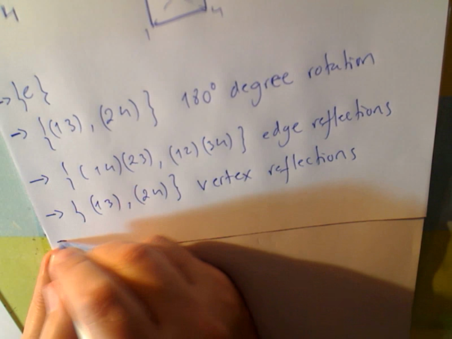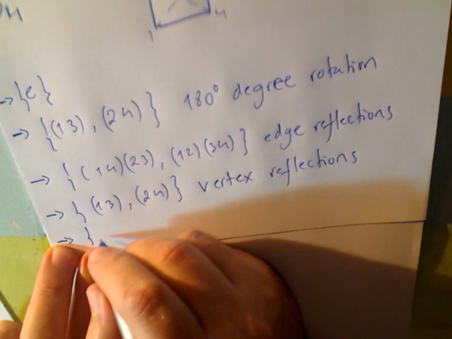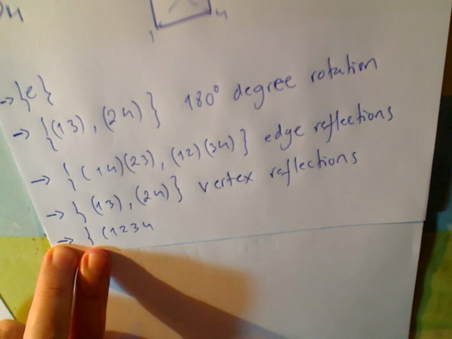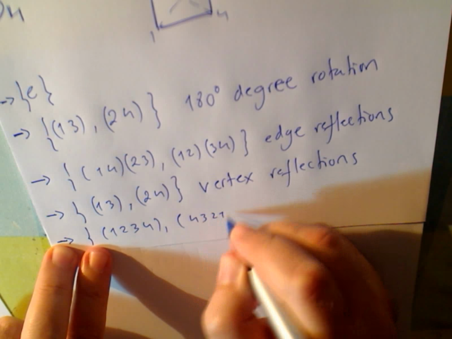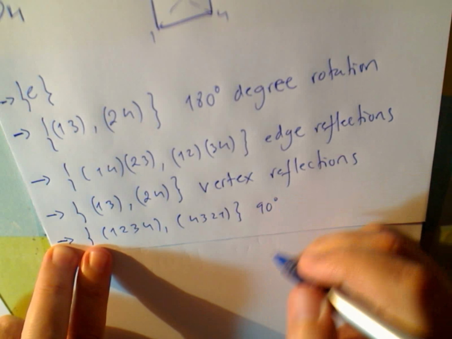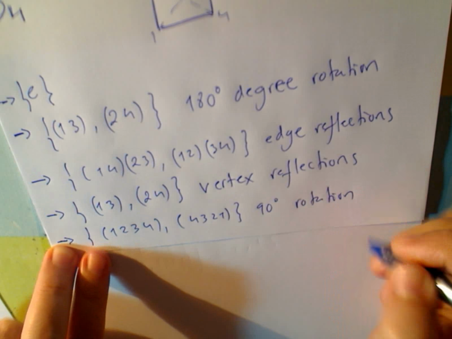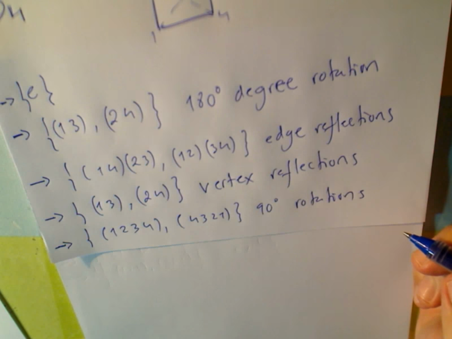I think that's the one where I had some mistake. I think 1 2 3 4, yes, and 4 3 2 1, that's the 90-degree rotations. All these rotations.